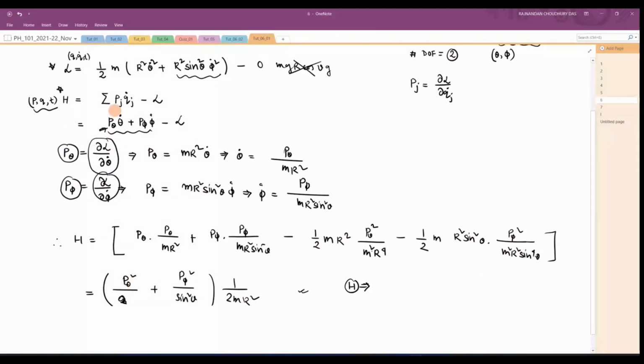But if there is time dependence, it cannot be written as 2T. The summation of momentum multiplied by Q dot j is an Euler term, which will eventually turn out to be 2T only for time independent cases. So you must not be confused by that. It's a special case, not the generalized one.